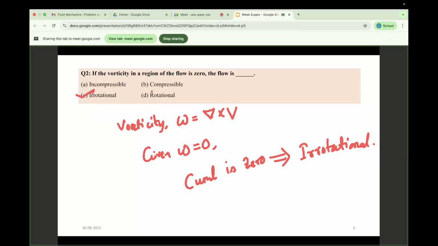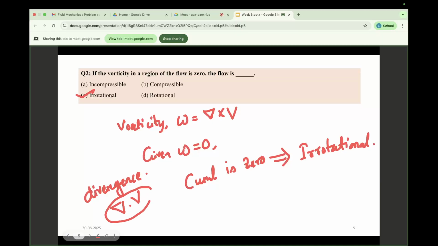So that's why the correct answer is irrotational. Another option, rotational, should not be the answer because as omega is 0, it should be irrotational. The other two options are compressible and incompressible. Both these terms depend not on the curl, but on the divergence. Always remember, if someone talks about incompressible or compressible, it depends on the divergence, that means del dot v.